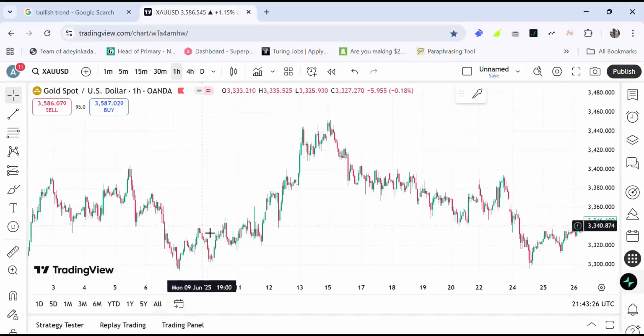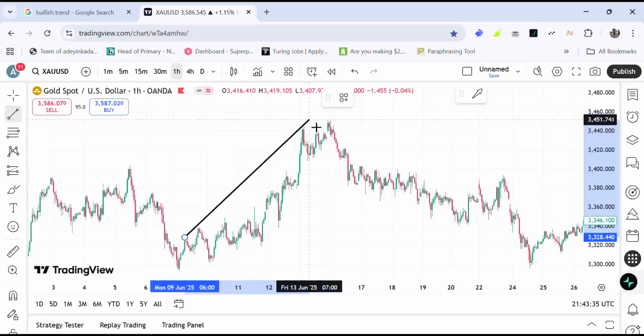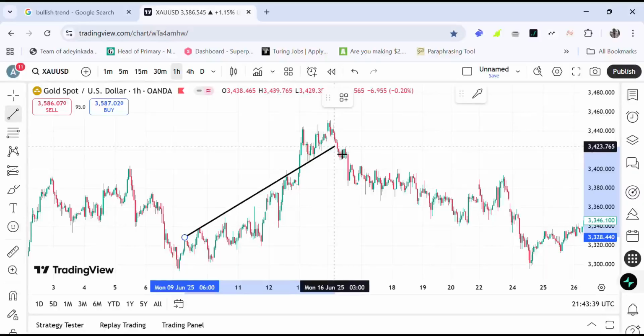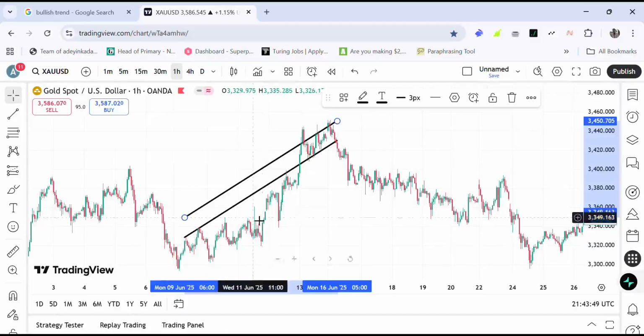So now, looking at this place from here to this place, let me just clone this so you understand what I'm saying very well.